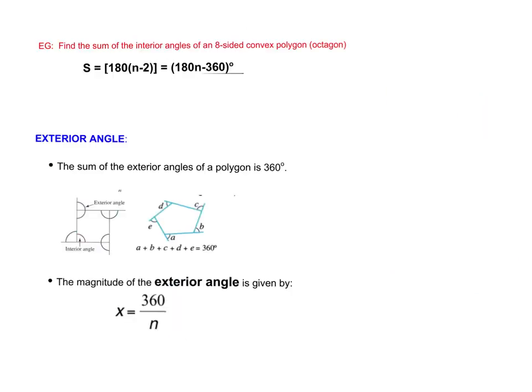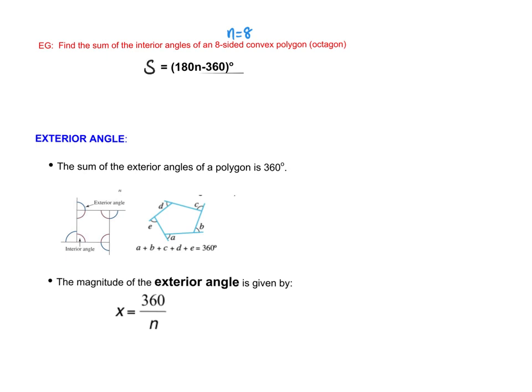All right, so if I'm just given a question, this was the question: find the sum of the interior angles of an 8-sided convex polygon, or an octagon. So really n is 8. I've written out the sum formula, and I'm going to rub out this bit so that we don't get confused.